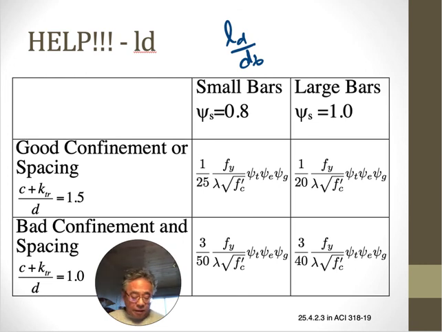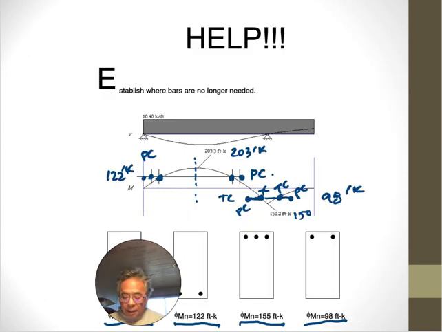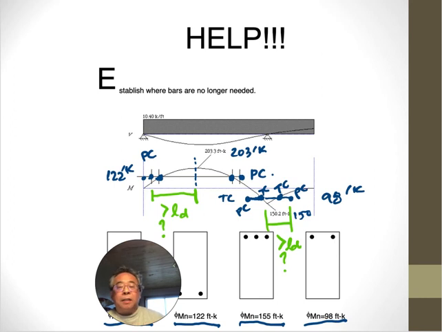Once you have that development length, the next thing you do is you come back to here, and you need to verify, let me change the color, green, that where you're proposing to cut it off to where the maximum is, that has to be greater than LD. That has to be greater than LD. Okay? And we'll check this in an example.